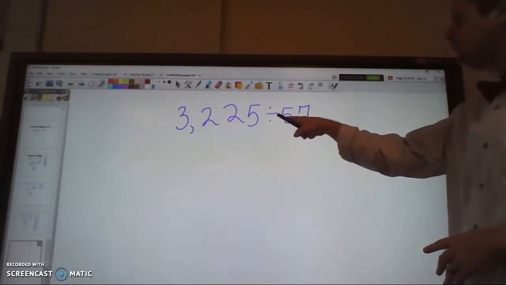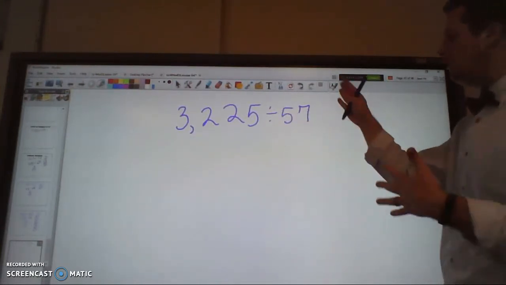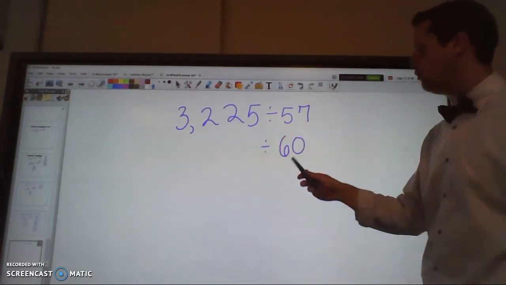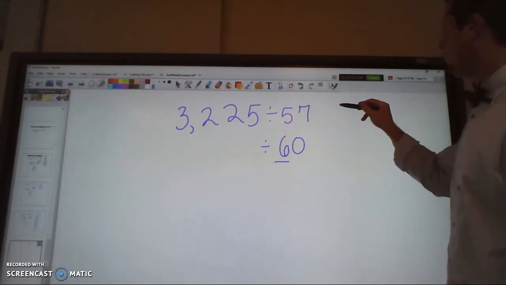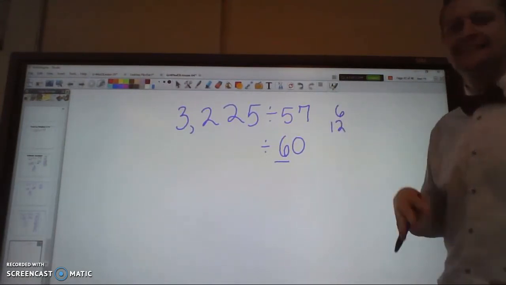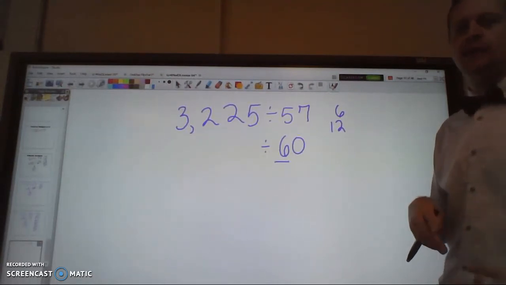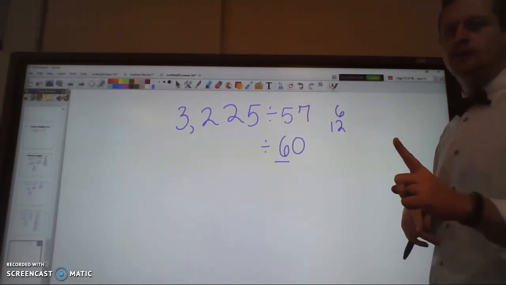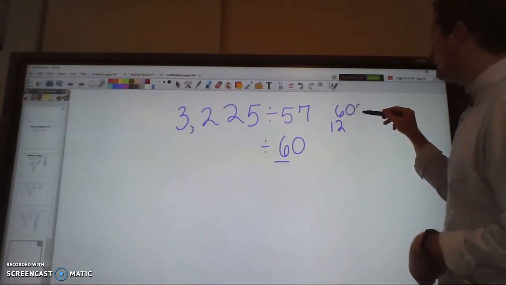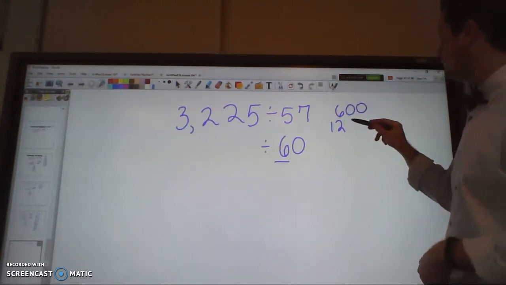So, 57, well, that's going to round up to 60. So we're going to be looking at our multiples of 6. So if I put my multiples of 6, I got 6, 12, and last time we only added 1 zero. This time, though, we're going to add 2 zeros. So we're looking at 600, 1,200.